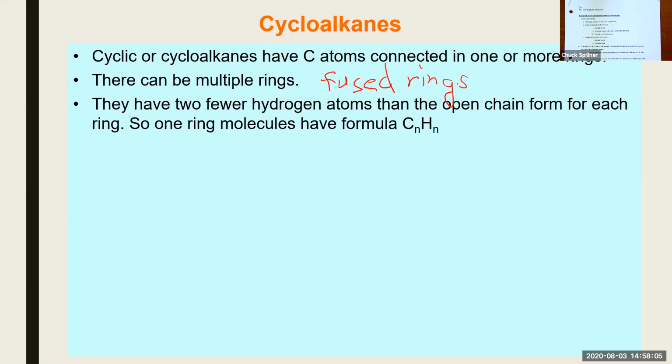When you have a cycloalkane, remember being an alkane, all the carbons have single bonds, but because you form a ring, you have to take away 2 hydrogens. So the generic formula for a cycloalkane is CnHn. No, that's a mistake. It's CnH2n.